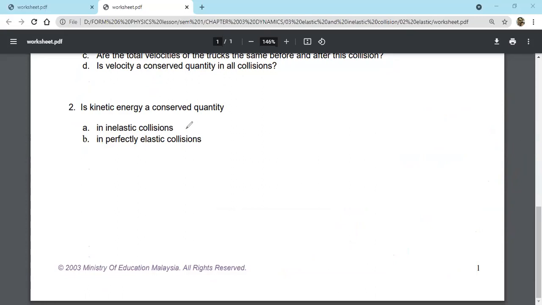In an inelastic collision it is not, but for a perfectly elastic collision, yes. So let's move on to the next worksheet.